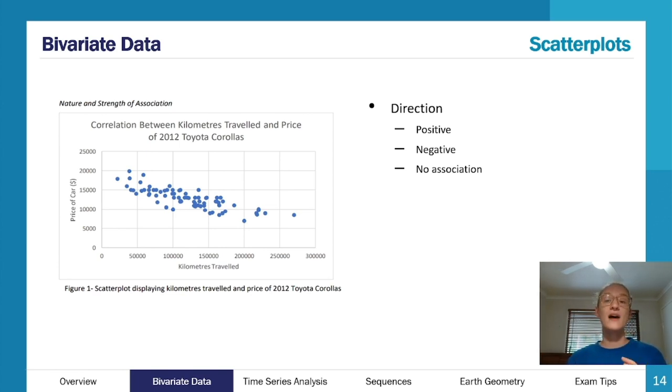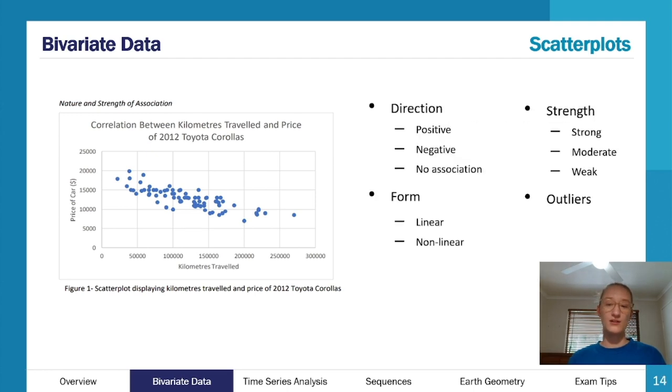The first thing we can talk about is direction. Is it positive? Is it negative? Or is there no association? Let's discuss what that means now. What I'm seeing here is an overall decreasing direction.